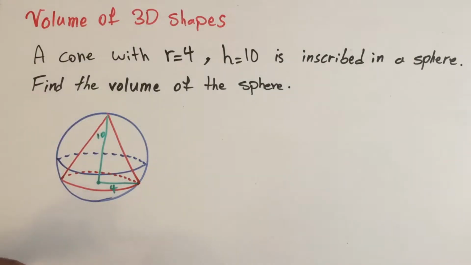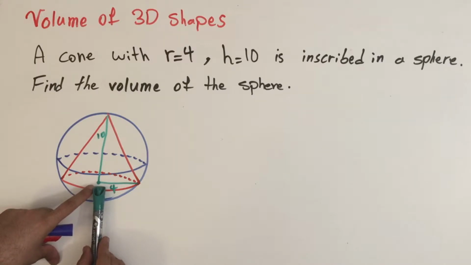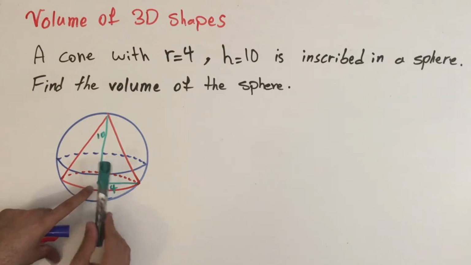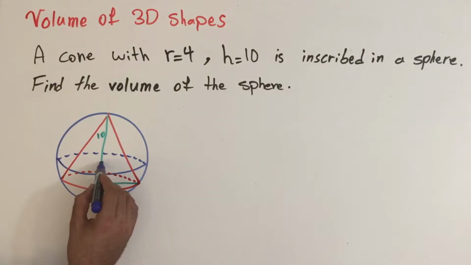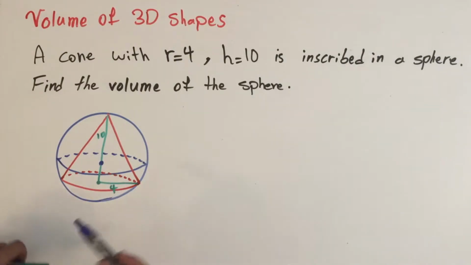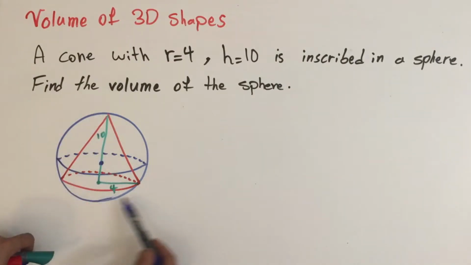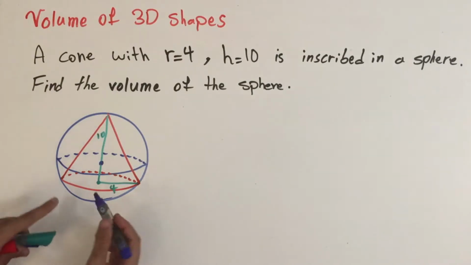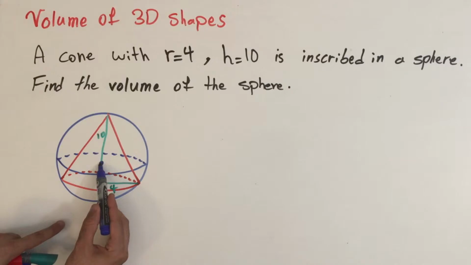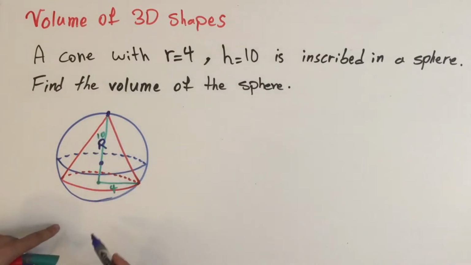Okay, now we know that from the center of the base of the cone, if you go straight up, you have to pass a point which is the center of the sphere. And you know that from the center of the sphere to any point on the sphere is going to be the radius. So from this point to this point it's r, the radius of the sphere.